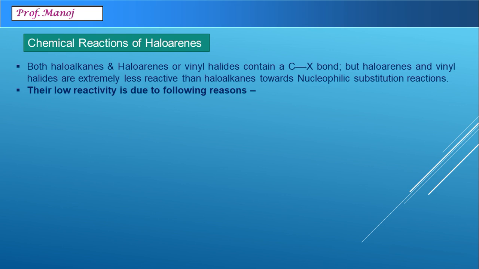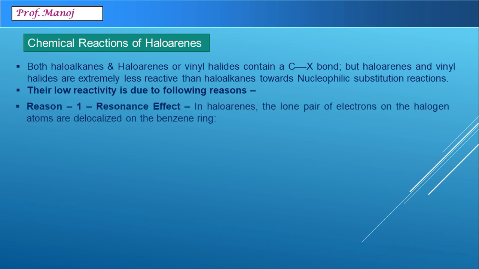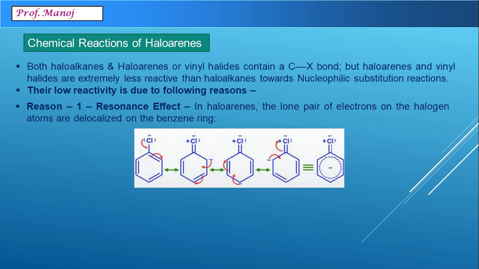Watch them very carefully. Reason number one is resonance effect. In haloarenes, lone pair of electrons on the halogen atom are delocalized on the benzene ring. We have seen already this resonance picture earlier. Now you can see that over here the negative charge is getting moved, circulated on the benzene ring.